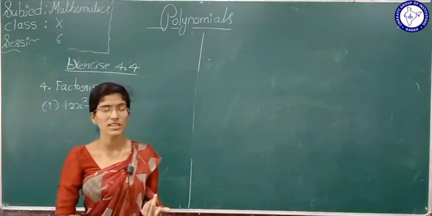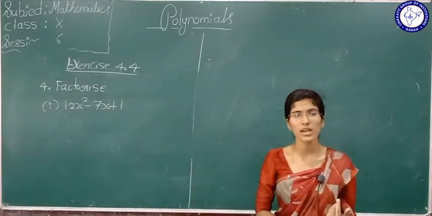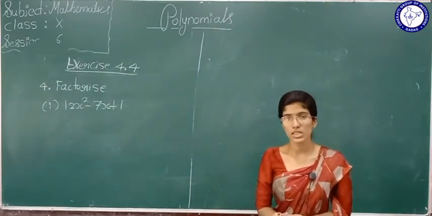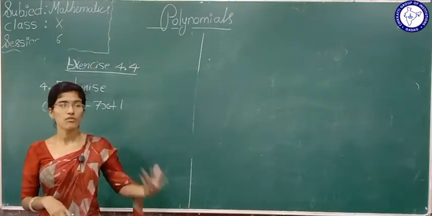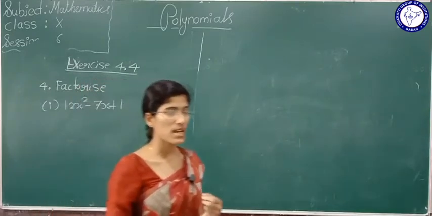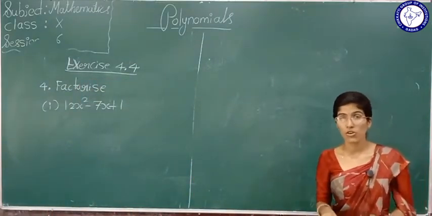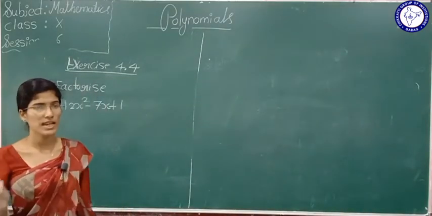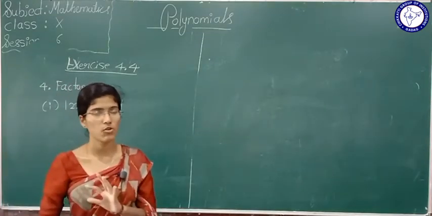But what I am telling is go for splitting the middle term only, because it will be easier and we will get the answer very quickly. If you go for the factor theorem, we are substituting values and checking whether the particular polynomial is 0 or not. Better to go by the splitting method only. In the exam they won't mention whether to use the splitting method or the factor theorem.